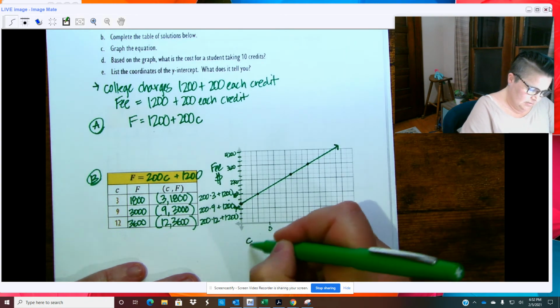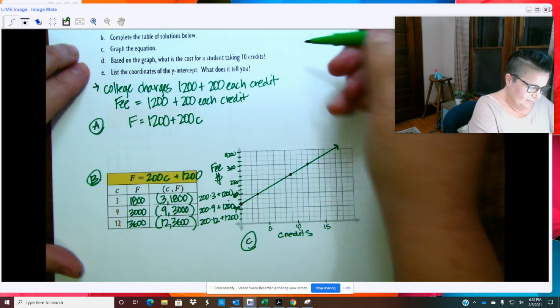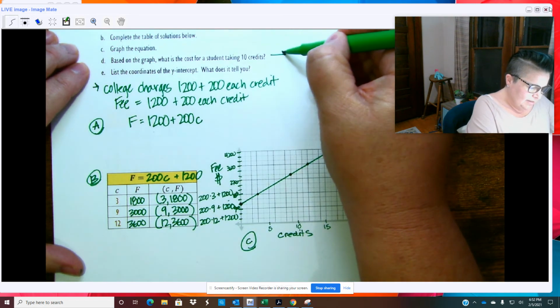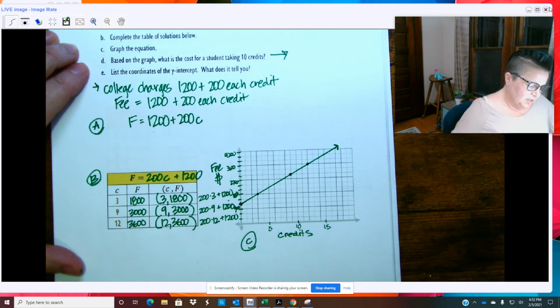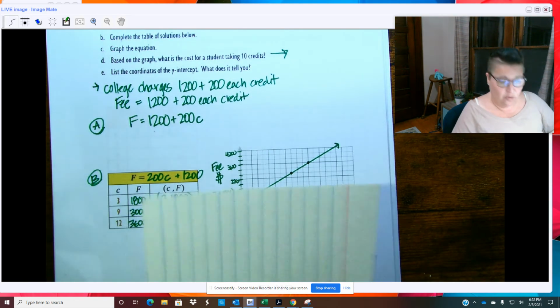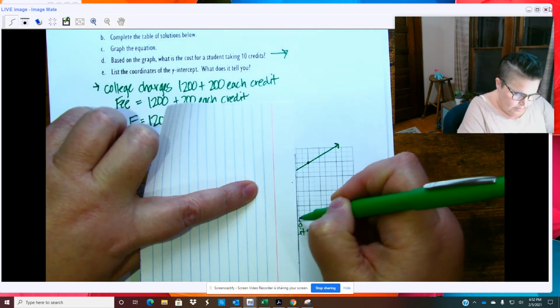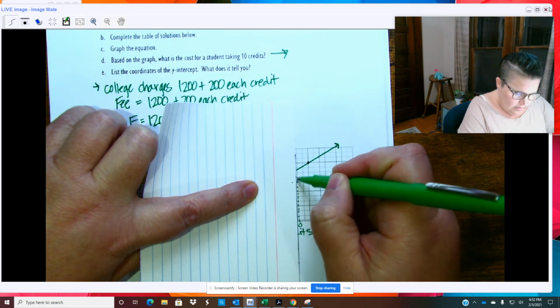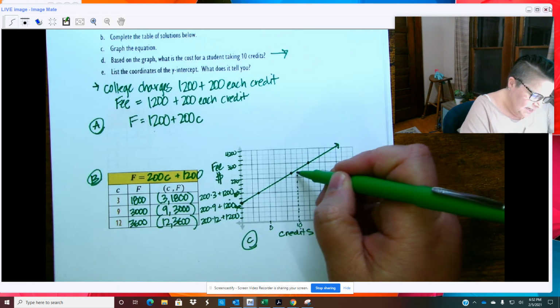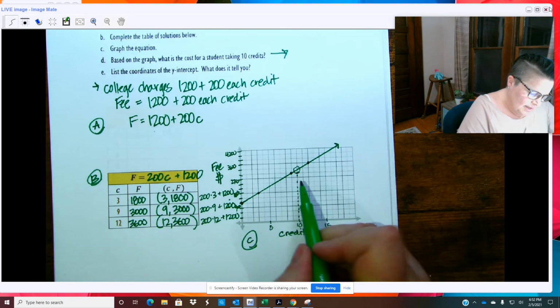So there's C, part C. Part D. Based on this graph, what is the cost for a student taking 10 credits? So I'm going to find the 10 credits. I'm going to follow this up. And I'm going to say, okay, if they're taking 10 credits, that would be right there.